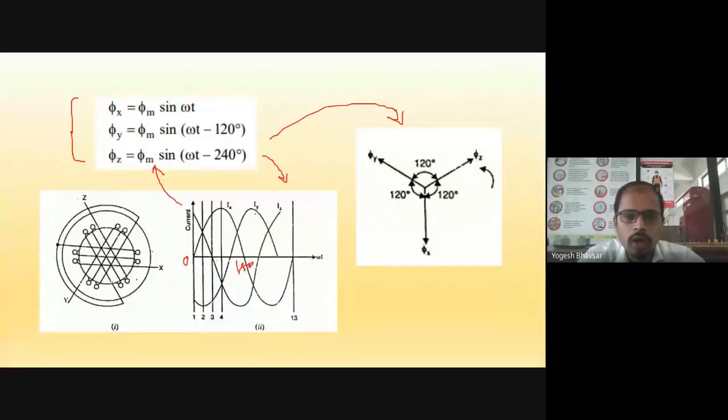Similarly, Y phase starts 120 degrees behind the X phase, and Z phase starts 240 degrees from the X phase. Similarly we can draw this phasor diagram for X, Y and Z. Each phase has equal magnitude and is displaced from the others by 120 degrees.